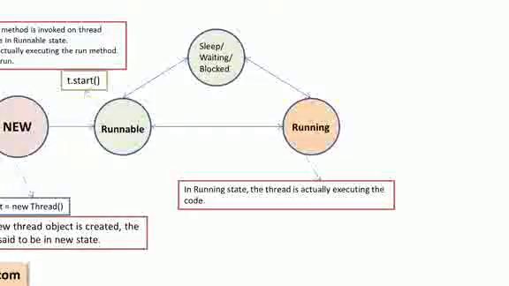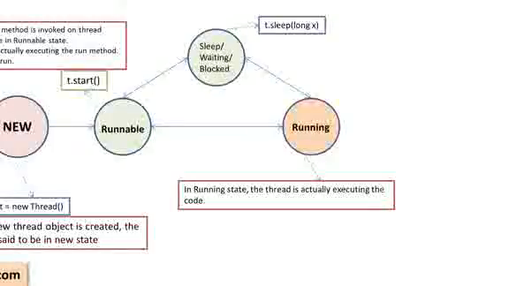When we invoke the sleep method on the currently executing thread, we are telling it to pause for a specific amount of time. Apart from sleep, a thread can go into wait or blocked status as well.